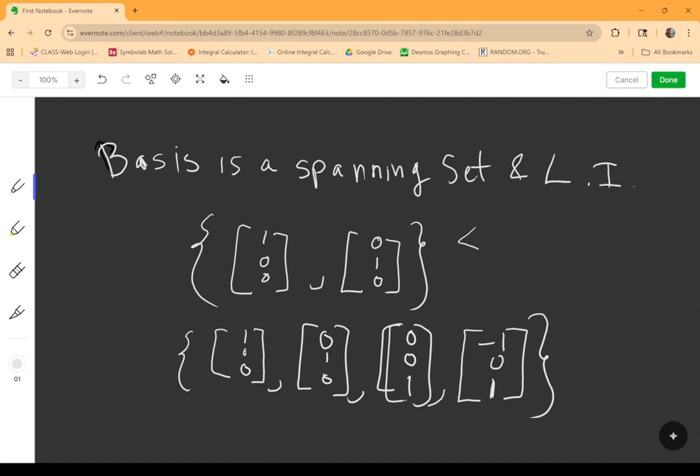So again here, linearly independent, not spanning. And then here, spanning, but not linearly independent.